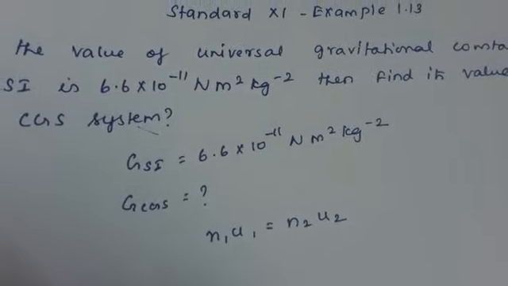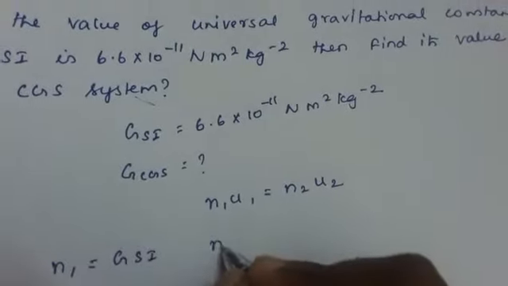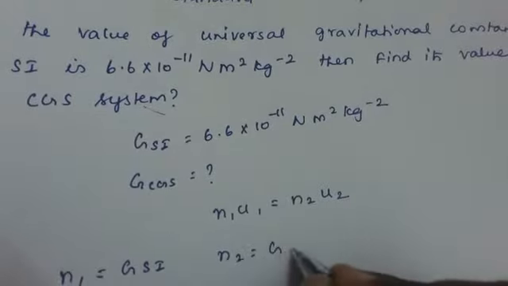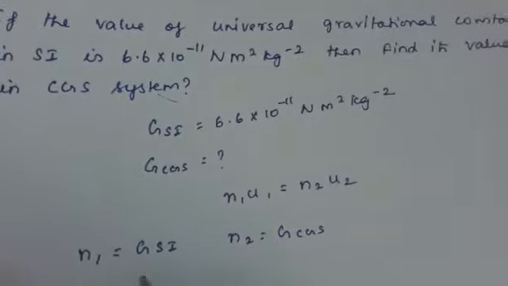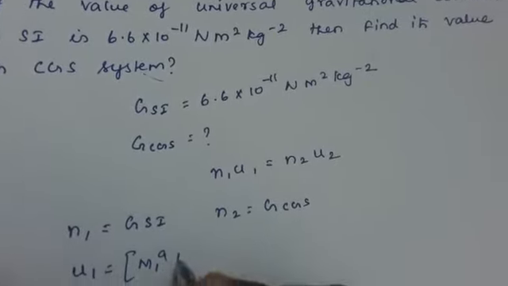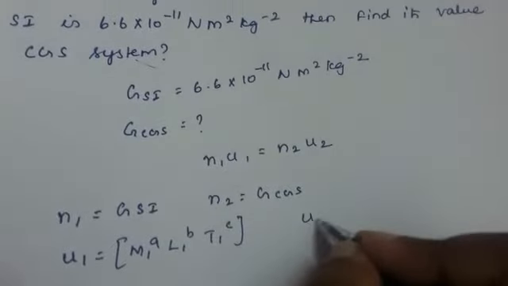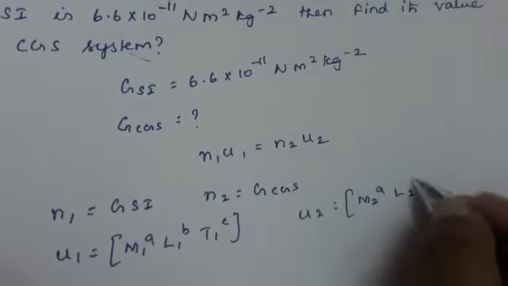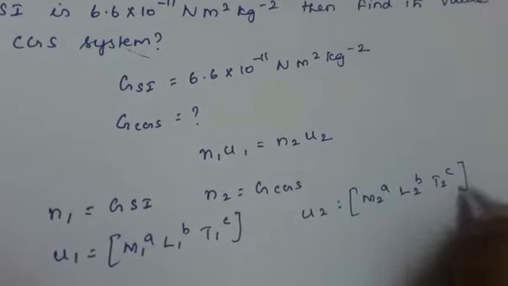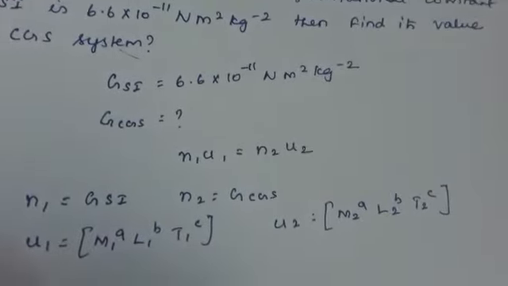So I can write here your N1 is G in SI. Your N2 is G in CGS. Your U1 I am going to write as M1 raised to A, L1 raised to B, T1 raised to C. And U2 I am going to write as M2 raised to A, L2 raised to B and T2 raised to C. So here I am going to substitute all these things.